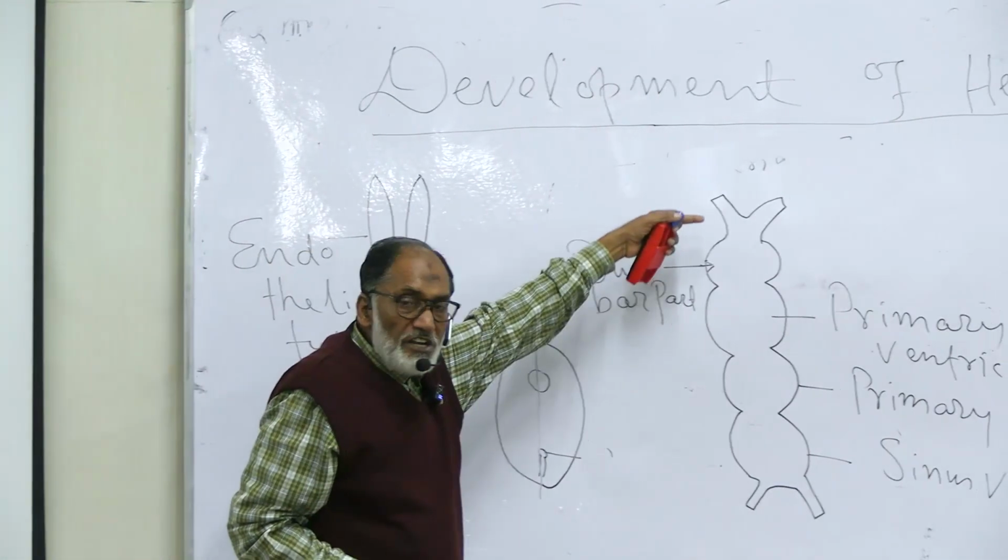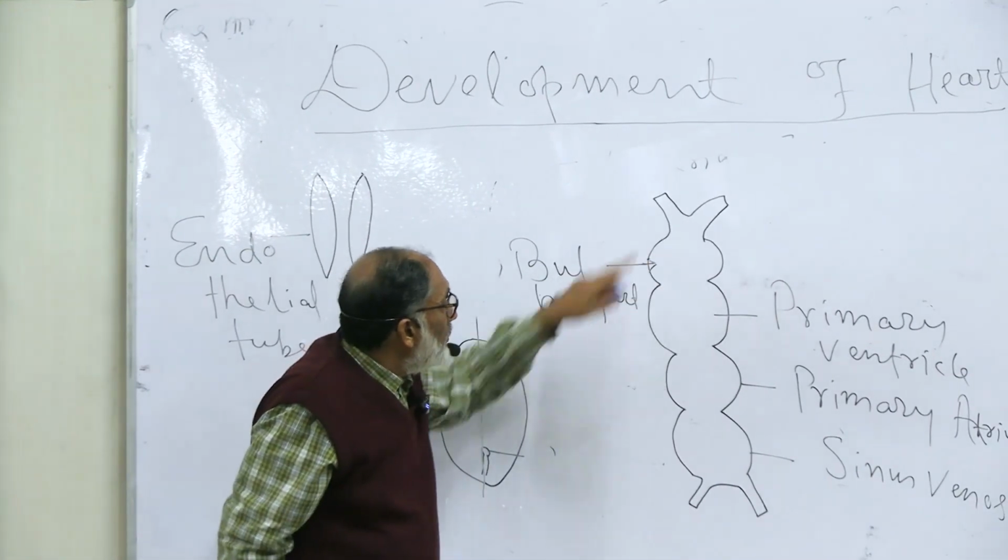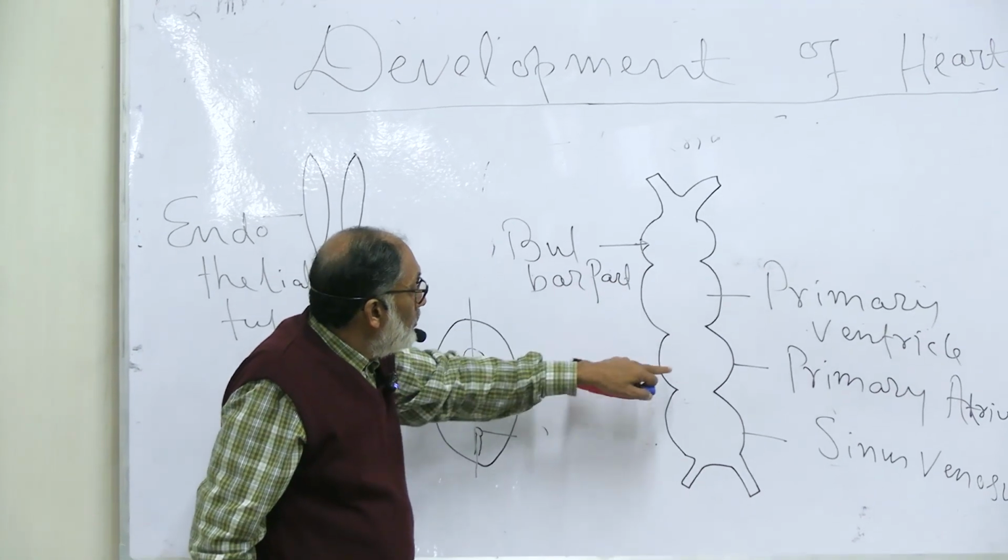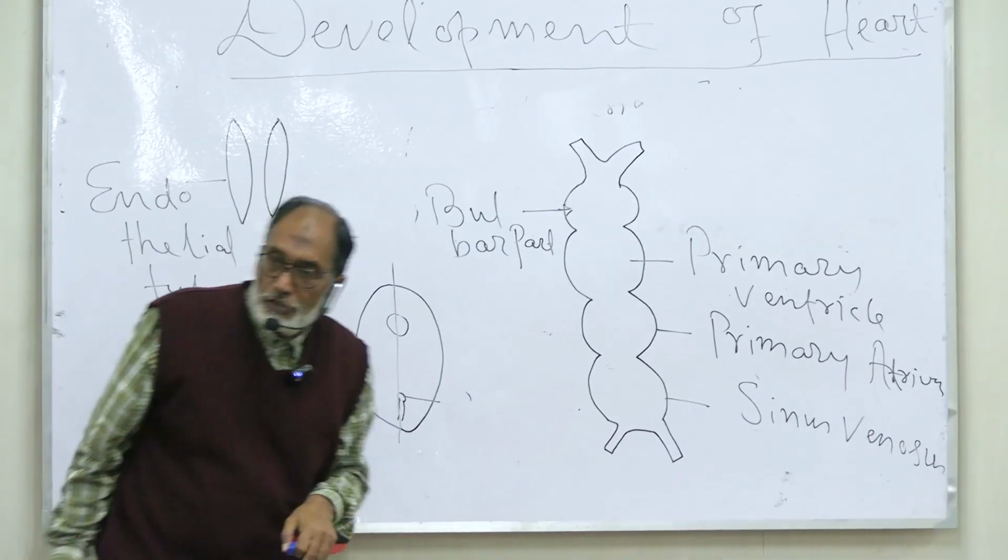So from cranial to caudal: the bulbar part, primary ventricle, primary atrium and sinus venosus.